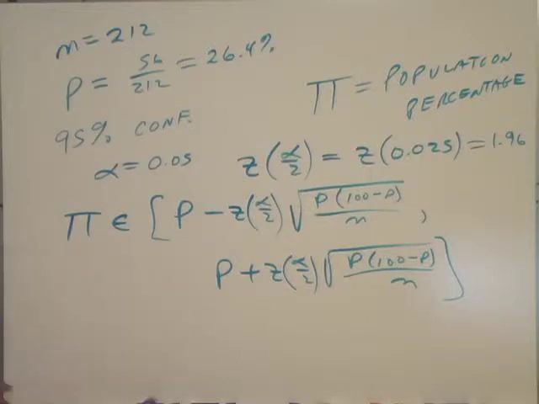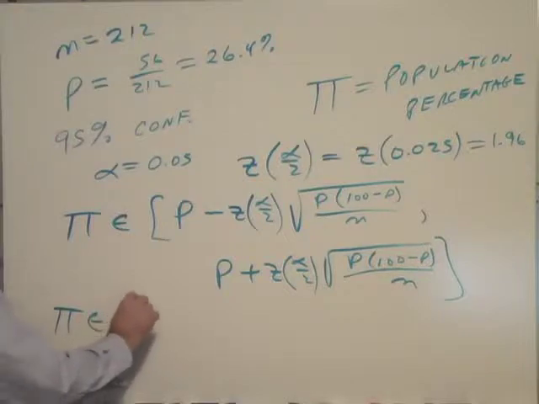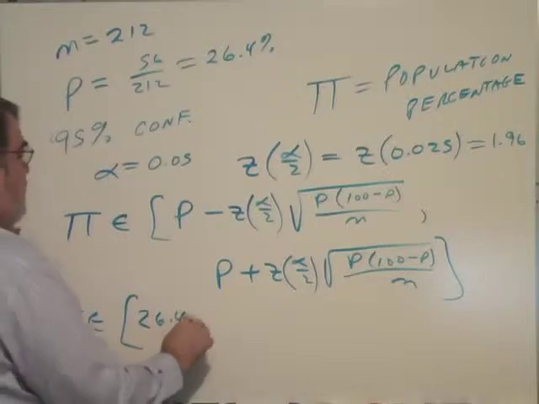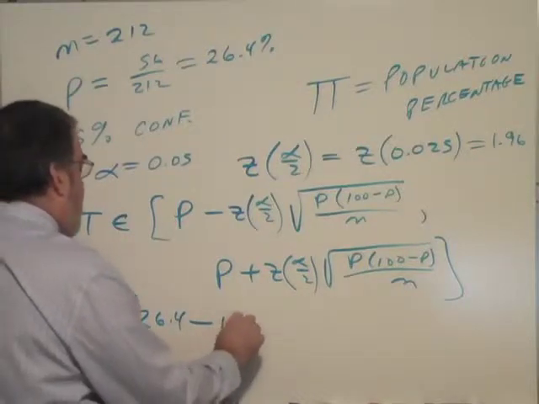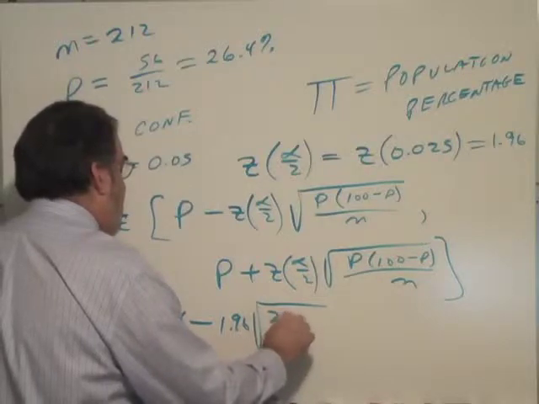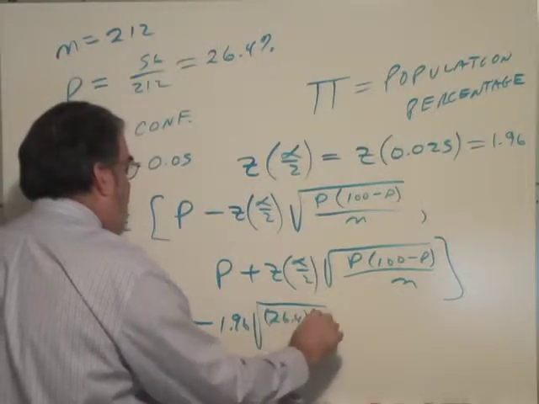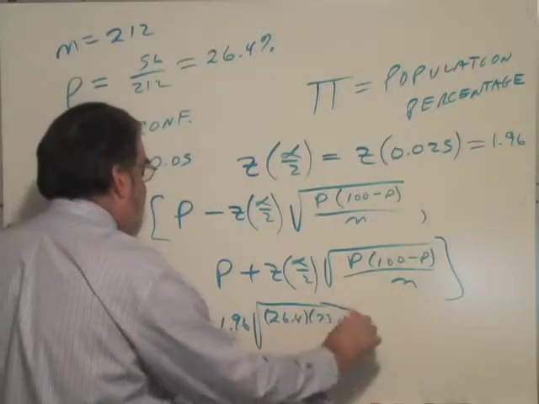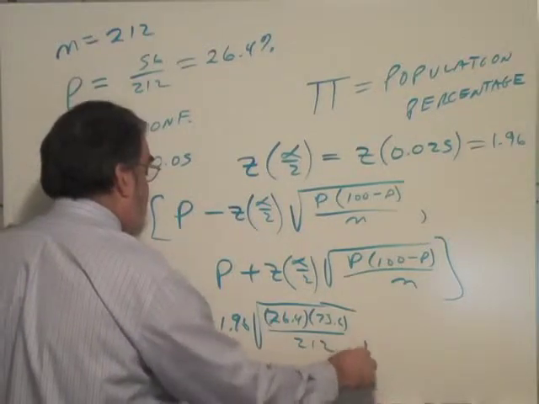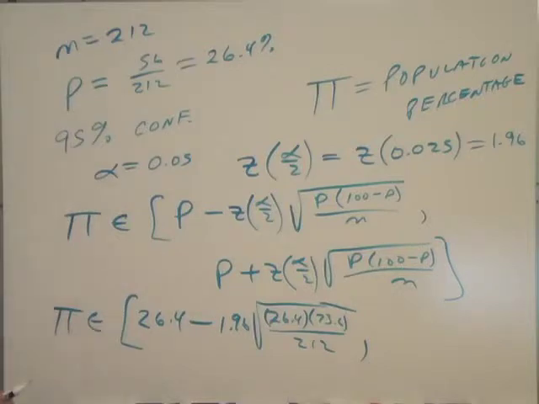Alright, so I'm going to plug in the numbers, and the population percentage would belong to this interval. It'll be 26.4 minus 1.96 times the square root of 26.4 times 73.6 divided by 212, and I got a little sloppy there.